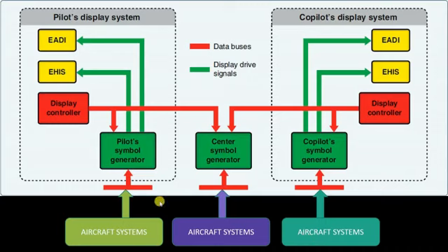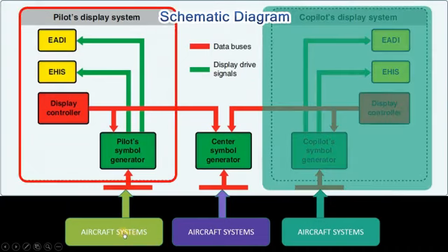Now moving forward, we have a schematic diagram, a schematic display of the system showing how the EFIS, the electronic flight instrument system, works. In the electronic flight instrument system, the different aircraft systems provide information to the symbol generators, and the symbol generators are related to both the EADI and EHSI, and the display controllers are common.